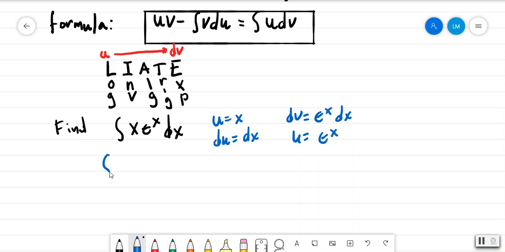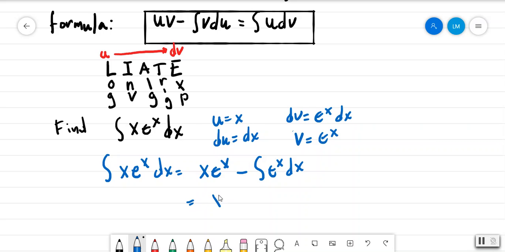So that means that v is equal to e to the x. Now, what that means is that the integral of x e to the x dx is equal to x e to the x minus the integral of, let's see, this should be v, right? That's not a very nice v, so we'll just rewrite it. So v is equal to e to the x. So that's minus e to the x du, which is dx.